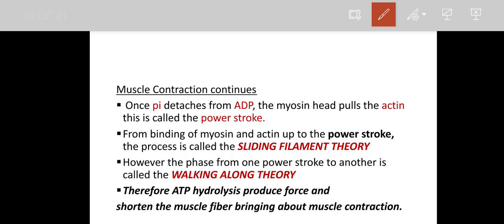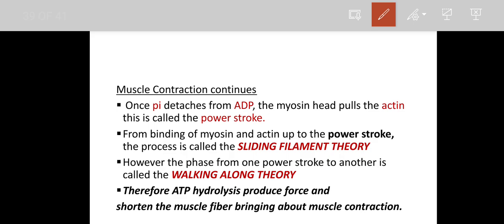Once phosphate detaches from ADP, the myosin heads pull the actin. This is called the power stroke. What is a power stroke? Power stroke is when phosphate has detached itself from the myosin head. If it detaches itself from the myosin head, then the myosin causes a move.